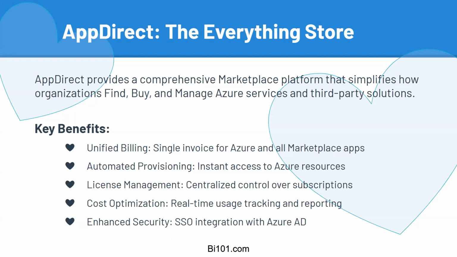Unify that billing, automate the provisioning for you, give you license management, onboarding, offboarding employees, and centralized control over those subscriptions. And then, like you said earlier, cost optimization with real-time usage reports and tracking.